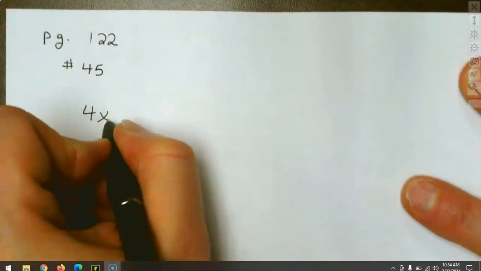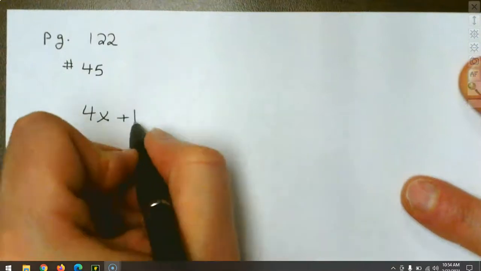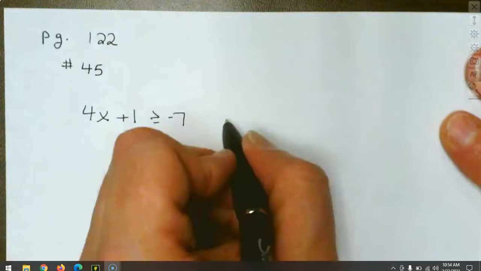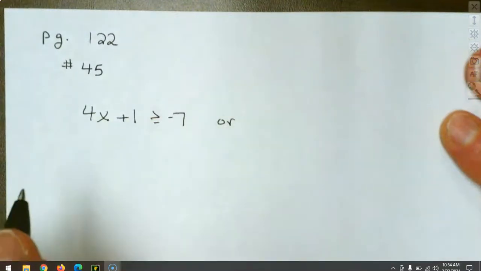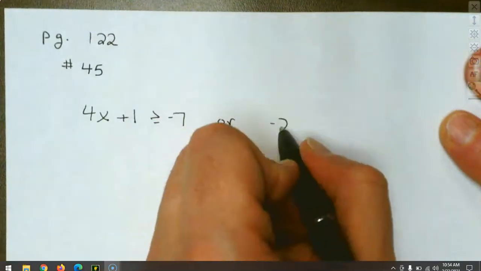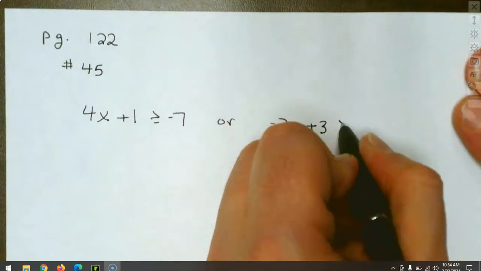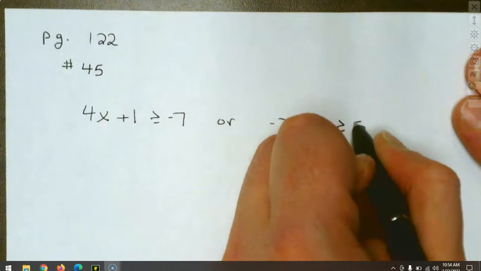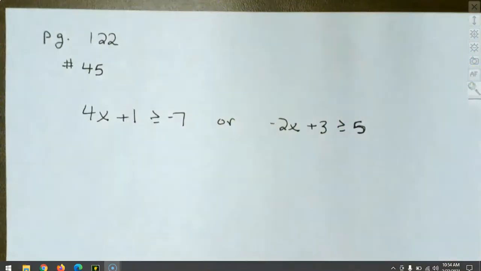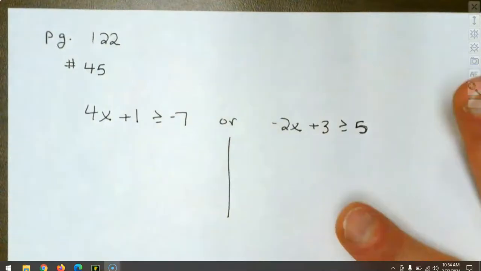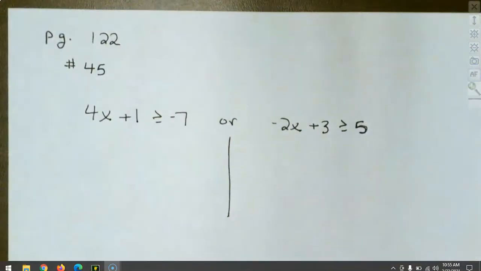So we've got 4x plus 1 is greater than or equal to negative 7, or negative 2x plus 3 is greater than or equal to 5. So what we need to do is just split it down the middle. We're going to work out each one separately from the other one, and then we're going to put the pieces together.